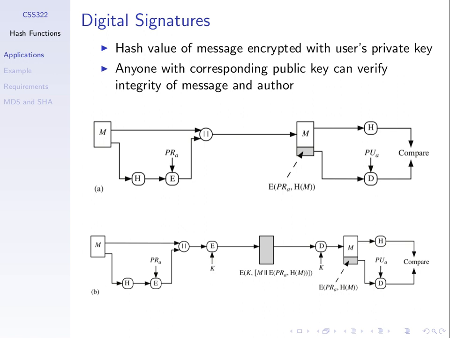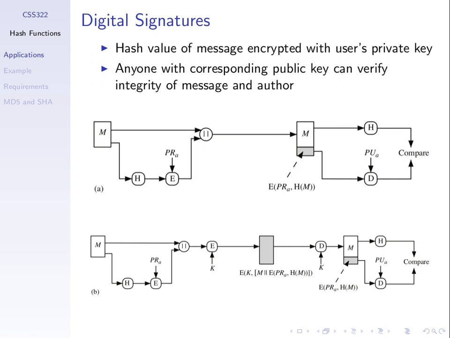If I don't take the hash value and simply encrypt the message with the private key of the user, then the ciphertext, the signature, is also 10 megabytes. So I have to send 20 megabytes across the network. A, encrypting a 10 megabyte file takes a lot of time, and B, sending 20 megabytes across the network just to send a 10 megabyte message is inefficient.